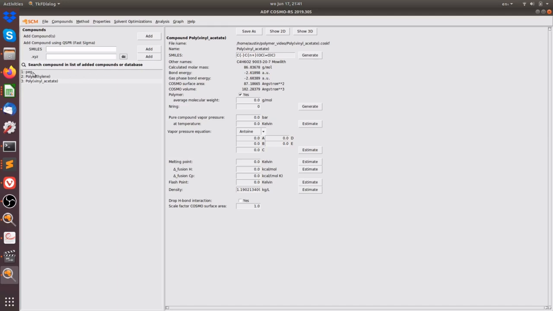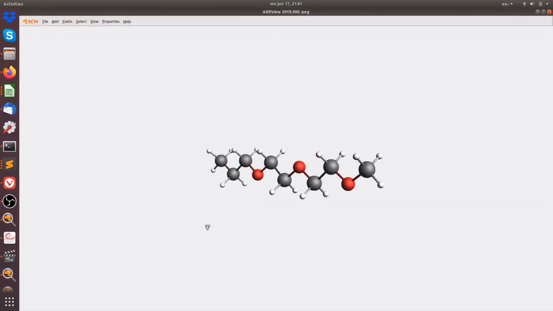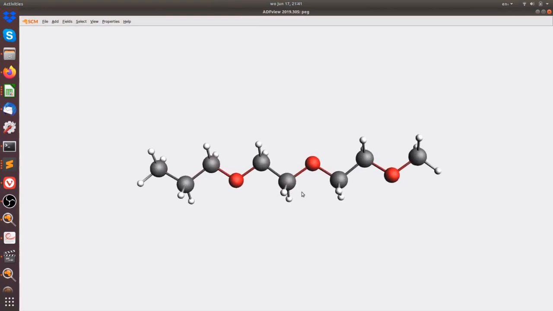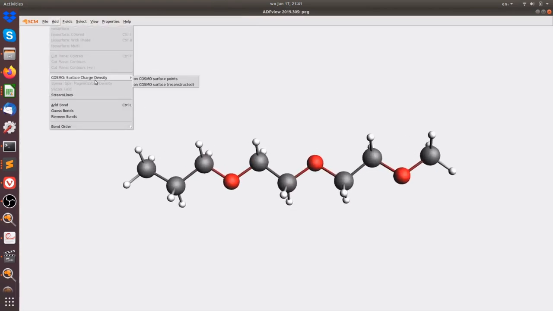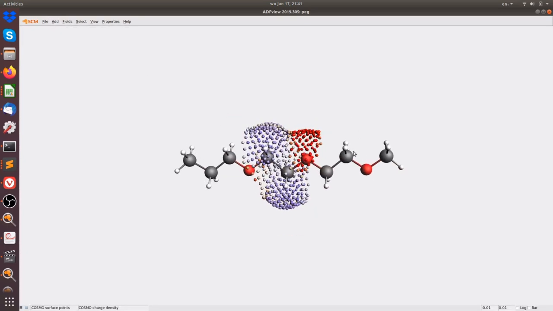So let's have a look at PEG just quickly. I'll show you the results of the calculation. This is the optimized geometry. If you go here to COSMO surface charge density and then add the surface points, you see essentially the picture that we hoped for. You see only the central monomer contributing to the sigma profile.